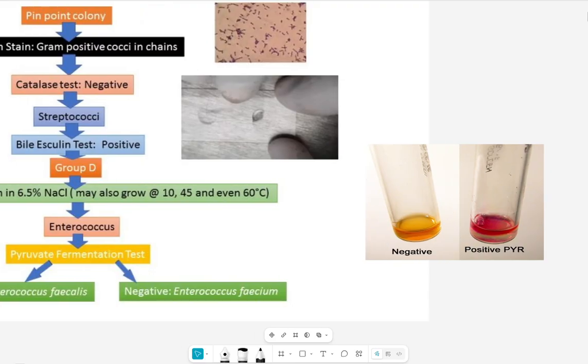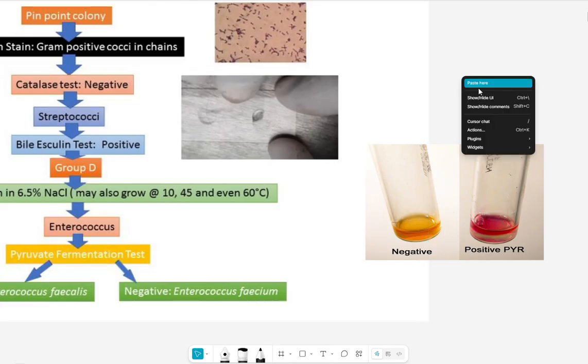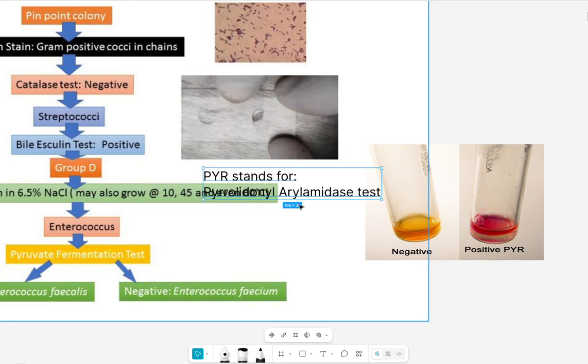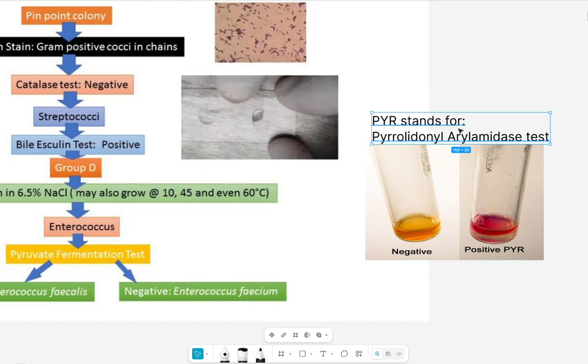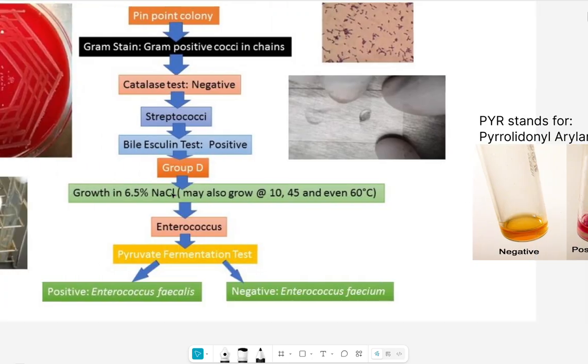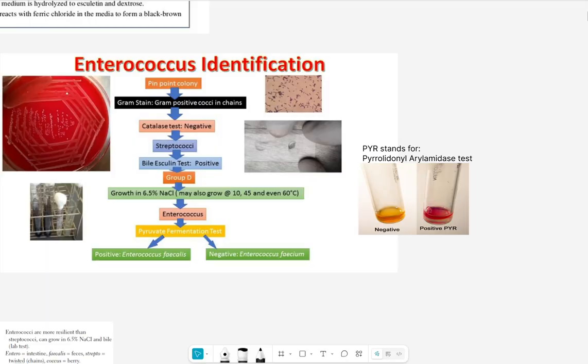It's a very difficult name, and you won't have to know how it is pronounced, but I'll put it here for anybody who wants to memorize this. Basically, the PYR test detects an enzyme that breaks down the PYR substrate. Enterococcus has a PYR enzyme, but S. bovis lacks that enzyme, right?